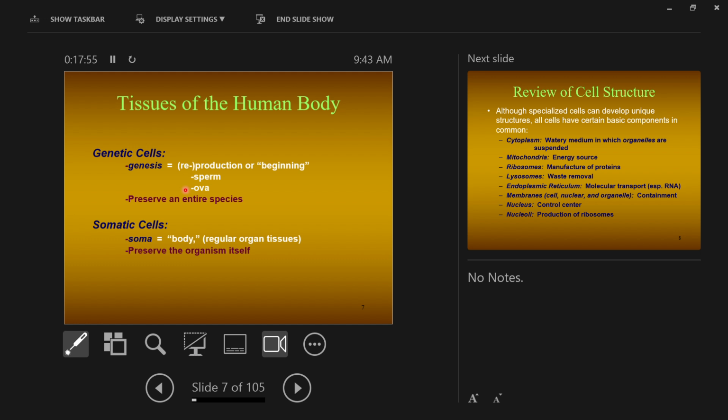Not an exact copy of you, but a new one of you, to preserve the species, in other words. Genetic cells use the root word genesis, or actually the root of that is just gen, G-E-N, but genesis means production, beginning, creation. Good. So we have genetic cells and somatic cells.